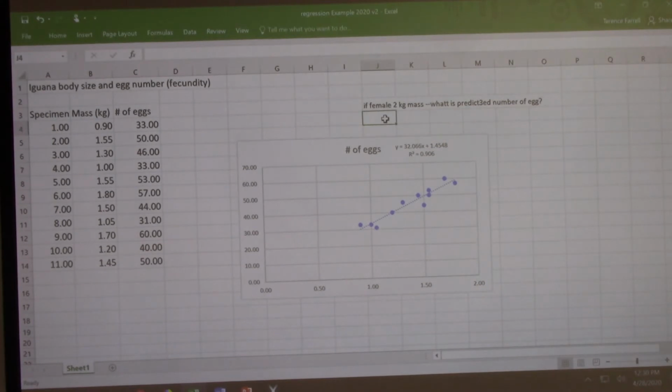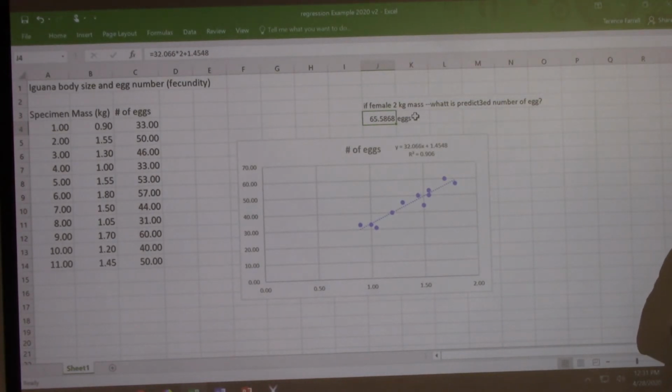But in any event, if we put this into an equation, we're going to say equals 32.066 times the x we care about, which is 2 kilograms, plus the intercept, and I get 65.5868 eggs, right? And so that's how many eggs this big 2-kilogram female iguana should produce.